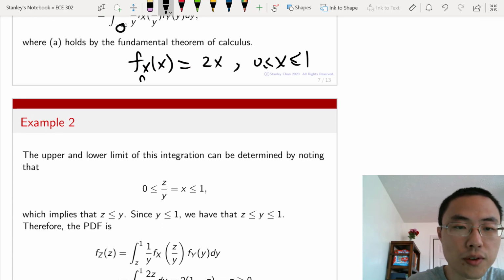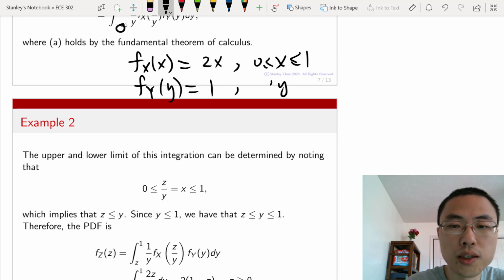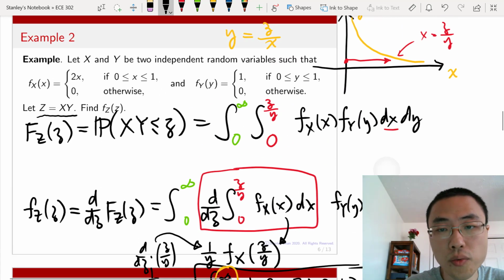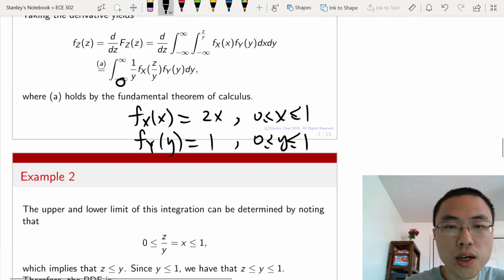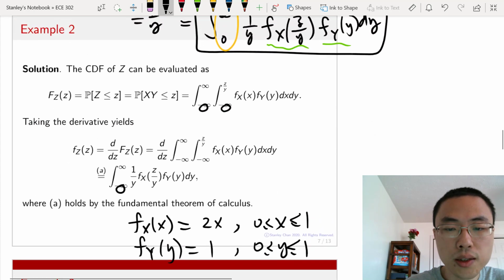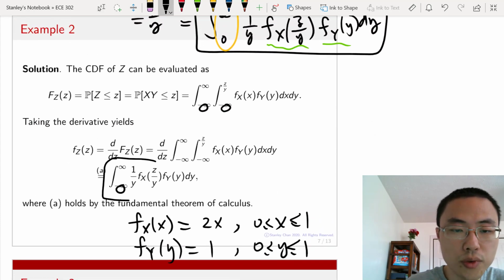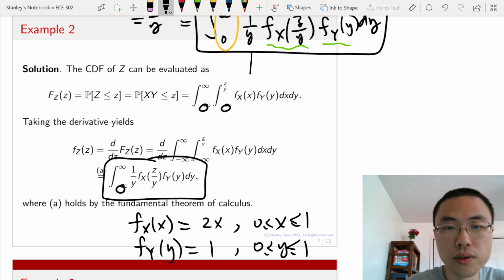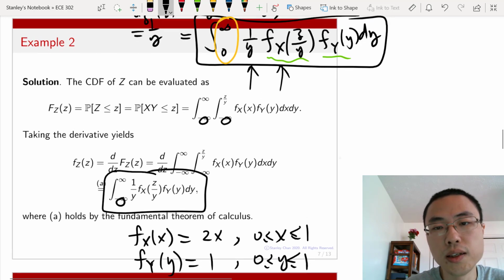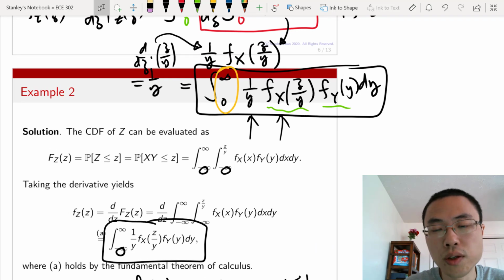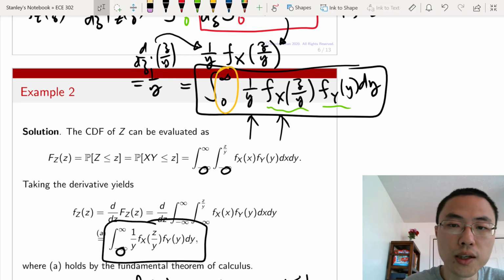That is my definition of fx, and then my fy is 1, with y between 0 and 1. Okay, so now you can plug in these two equations into the formula, which is here, or if you like, it's the same as here. That is the equation.